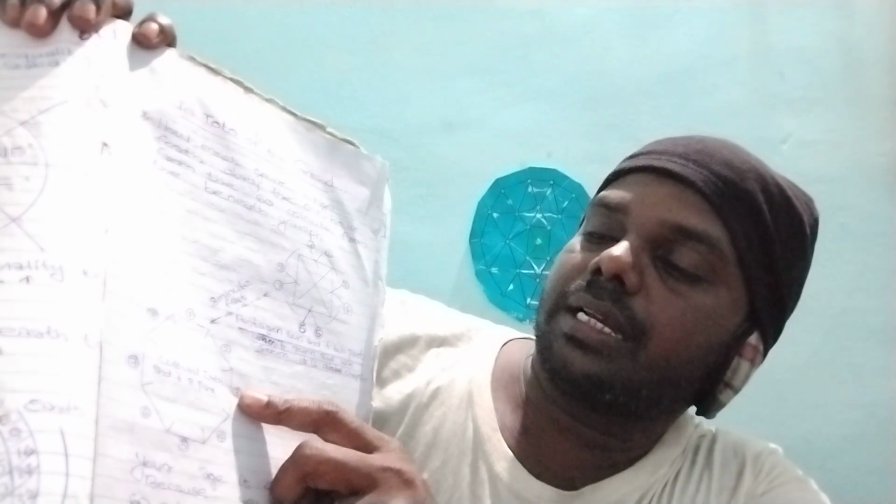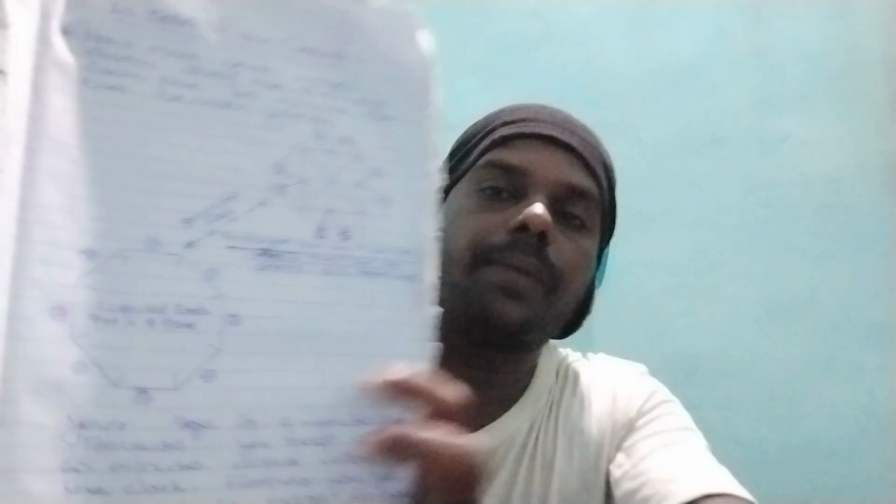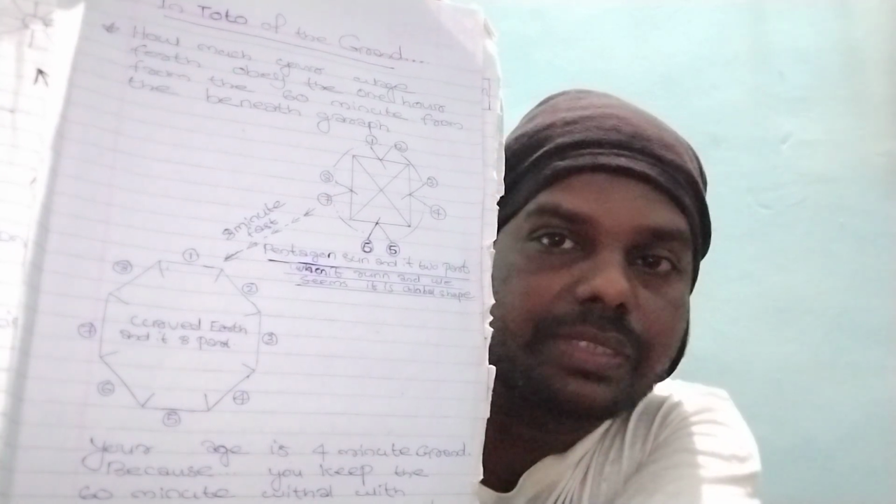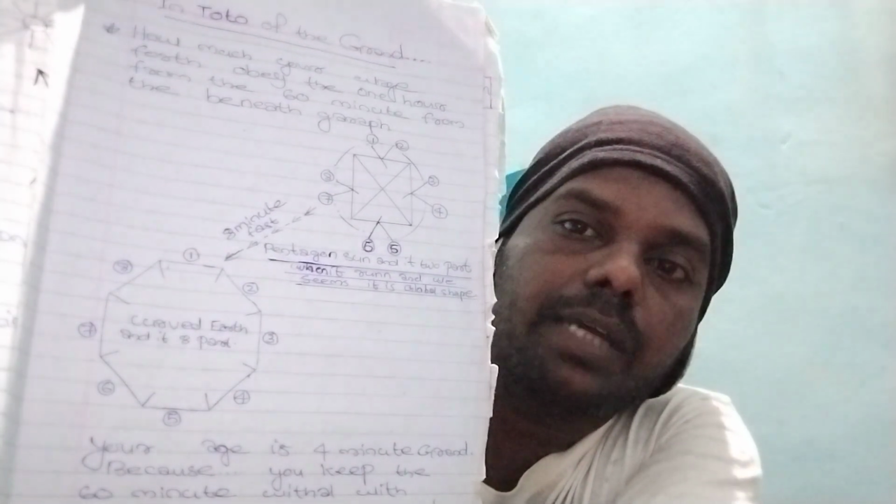It covers the earth, and the 8 parts are northeast, south, northwest, southeast, southwest, the 8 parts of the earth. The light must cover the 8 parts, by the calendar here.